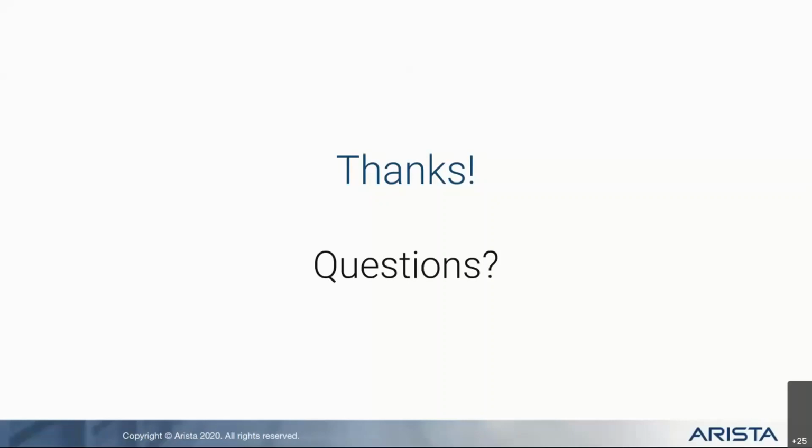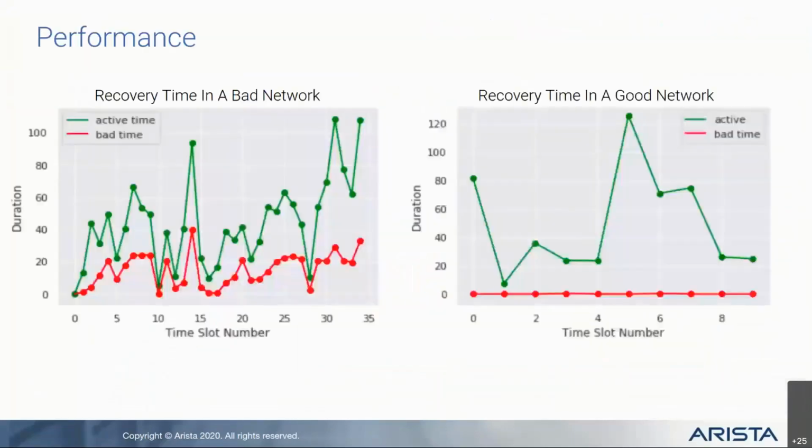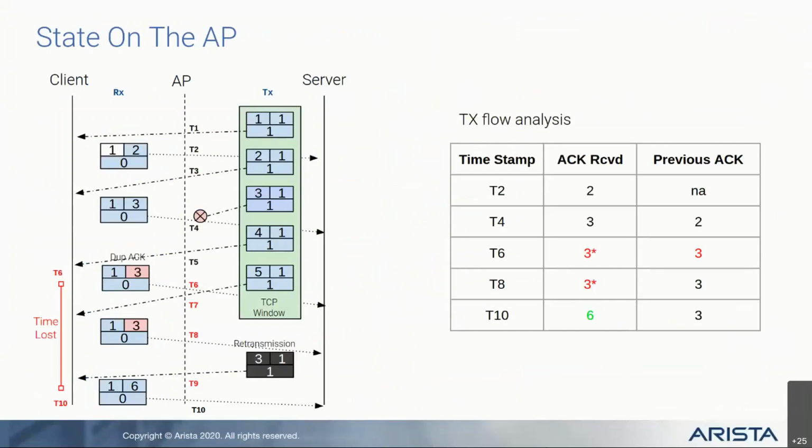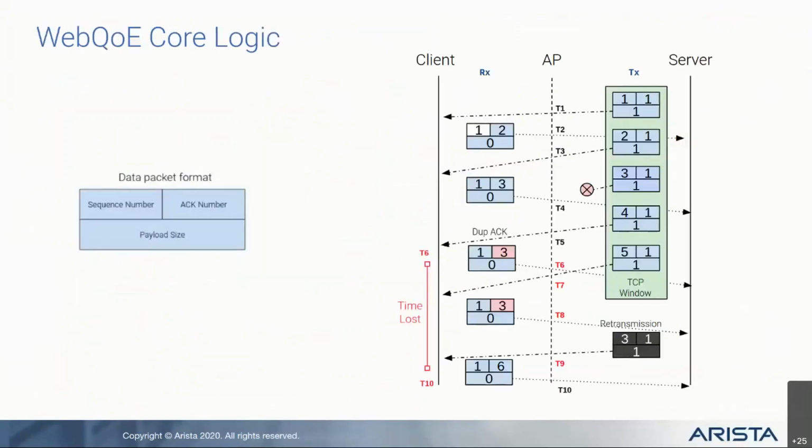So there are two cases here. Going back to my example, say in the first case, one of your ACKs is lost from the client side. So say any ACK is lost, and it's a perfectly good connection. Let's say there are no duplicate ACKs. If the ACK is lost, the subsequent ACK will be sending an incremented ACK number, which will also ACK for the previous packet that was lost.